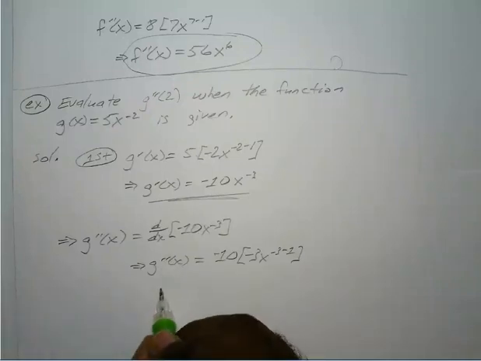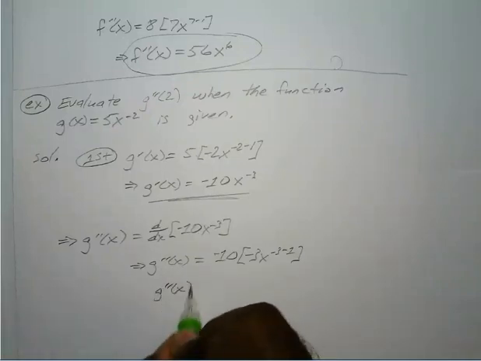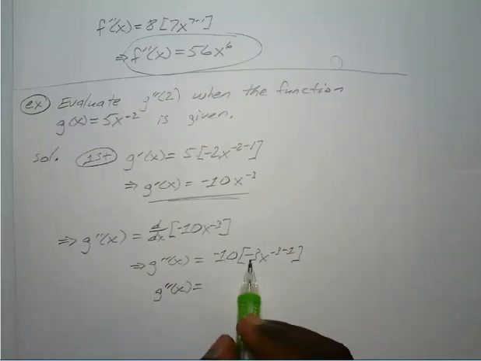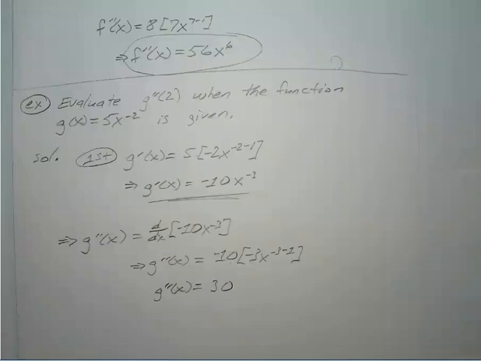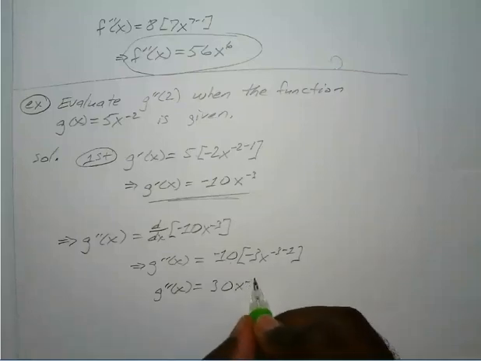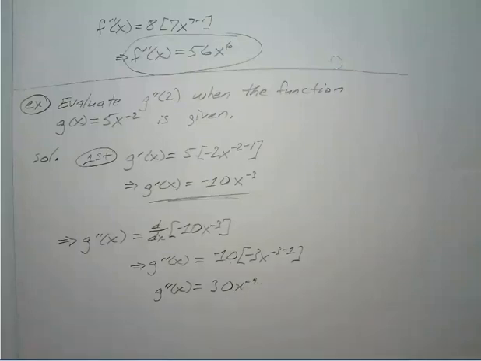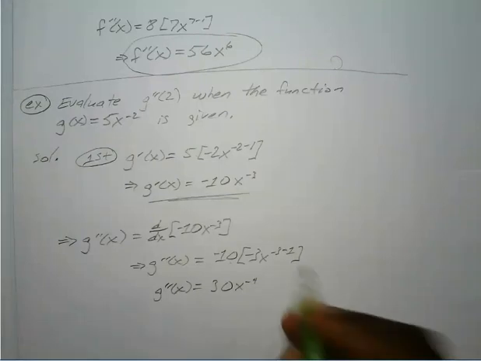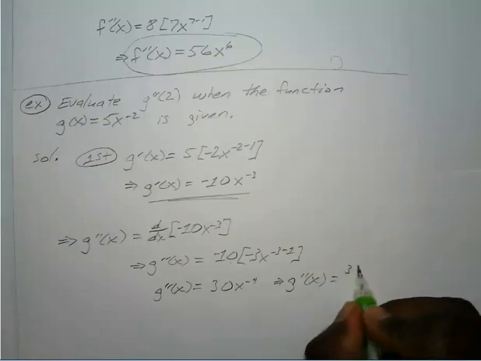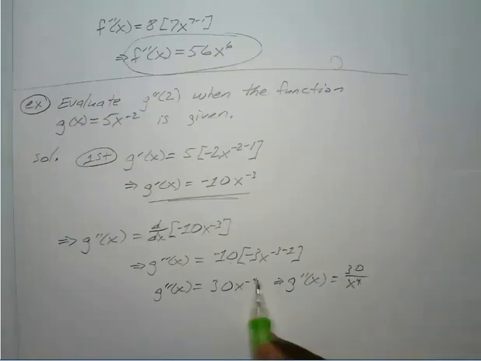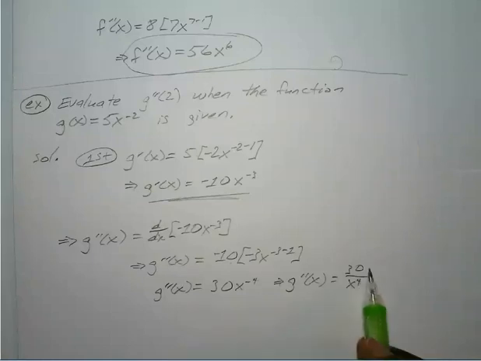So our second derivative is equal to positive 30 once you multiply your negative 10 and negative 3, times x to the negative 4 power. Or if you wanted to, you could rewrite it as 30 over x to the 4th power, since x to the negative 4 is just 1 over x to the 4th.